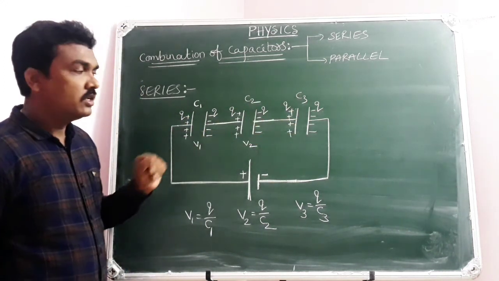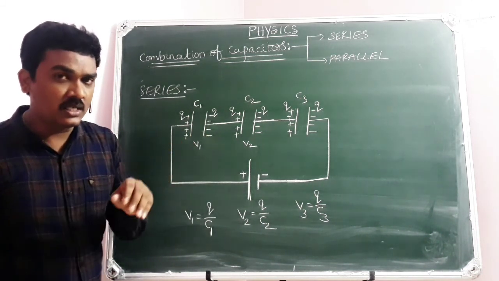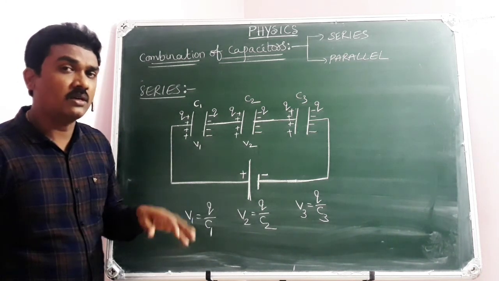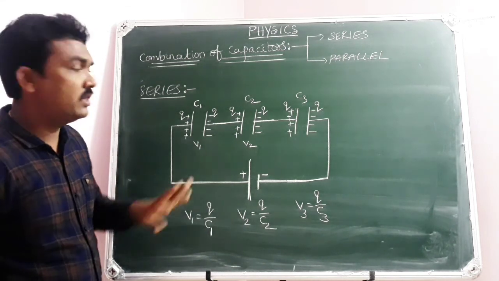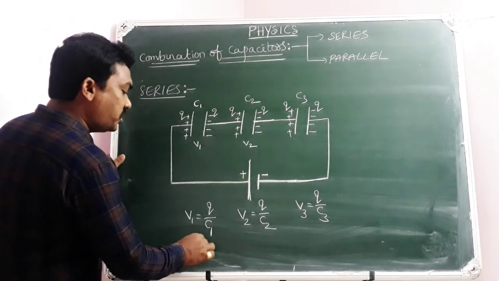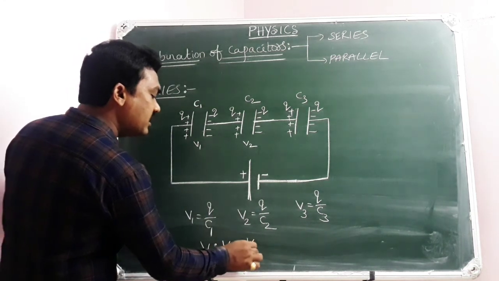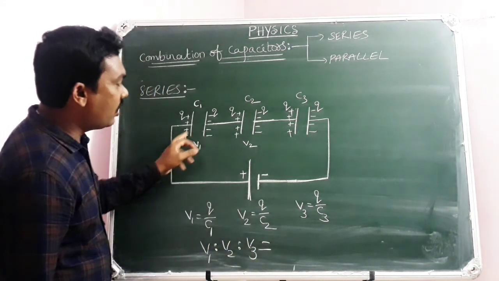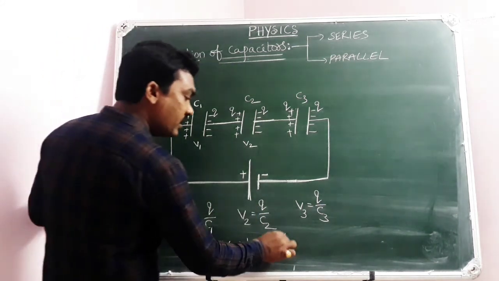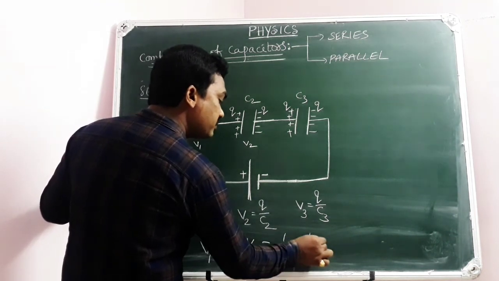So the conclusion is that two or more capacitors are said to be connected in series if the charge on the plates of each capacitor remains the same. Then they are said to be connected in series. In such a situation, the ratio of the potential differences among all the capacitors in series will be in the inverse ratio of their capacities.